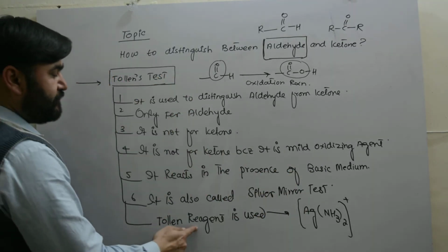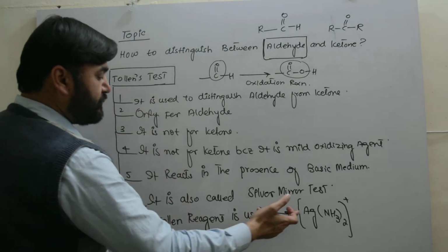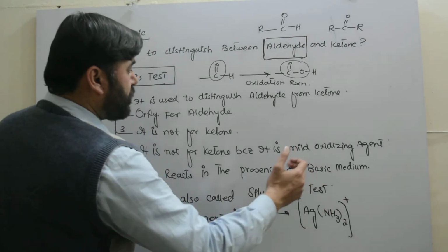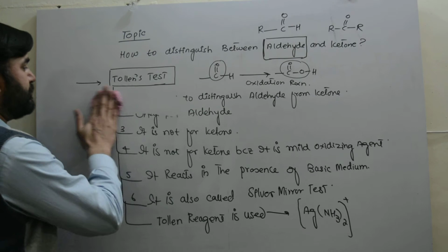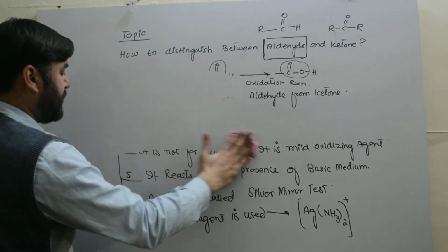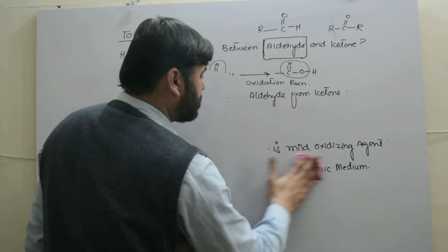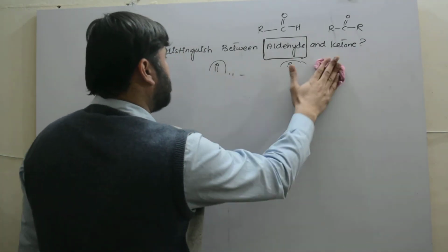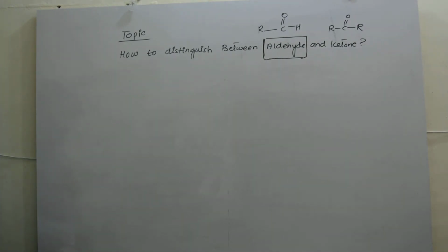Tollen's reagent is used in the Tollen's test. What is Tollen's reagent? It is actually Ag(NH3) whole twice. Let us discuss it in detail, in the shape of a reaction.